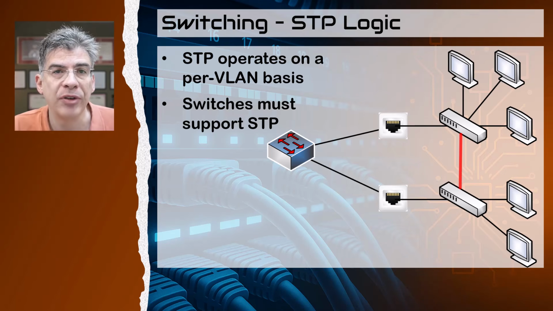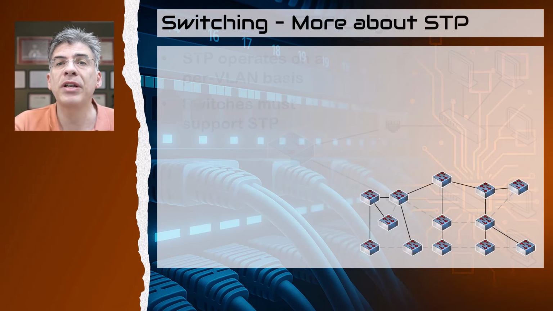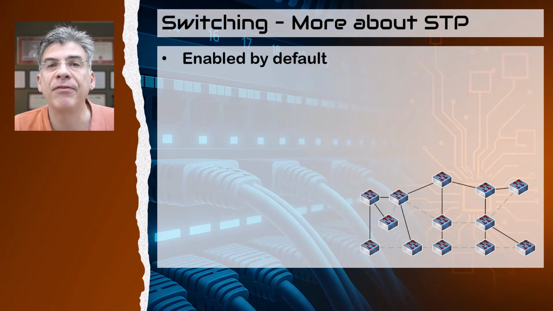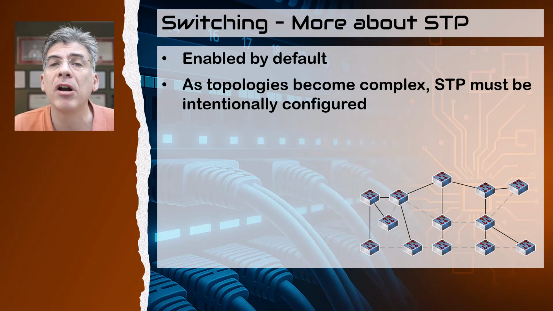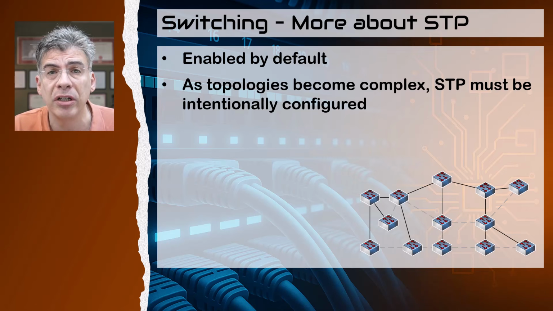Now, Spanning Tree Protocol is enabled by default on most modern network switches, whether managed or unmanaged, and you shouldn't have to worry about making it work in simple topologies. But as your topologies become more complex, the way that STP interacts with other features and with your topology becomes important, and that's why STP must be configured intentionally.